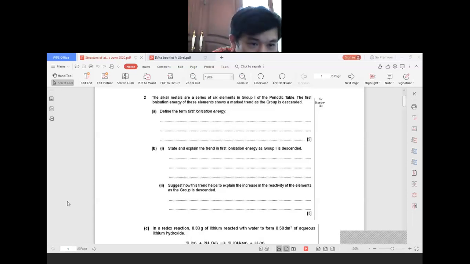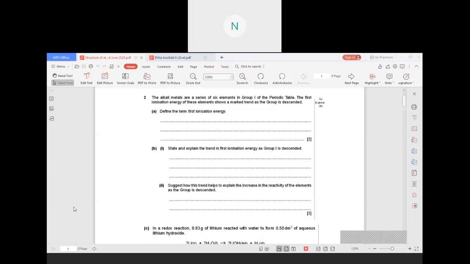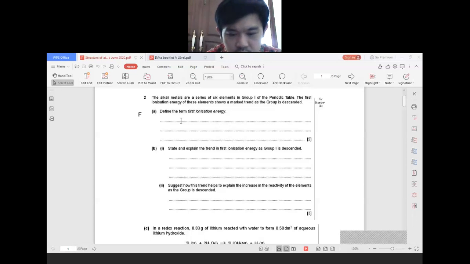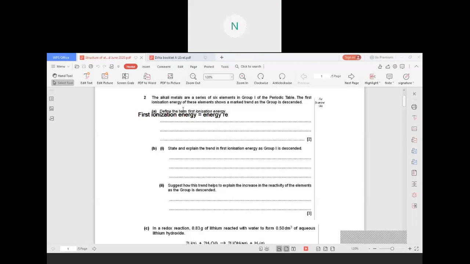First ionization energy is the energy required to remove 1 mole of the loosely held electrons from 1 mole of gaseous atoms to produce 1 mole of gaseous ions, each with a charge of 1 positive. Yes, correct, Nia.